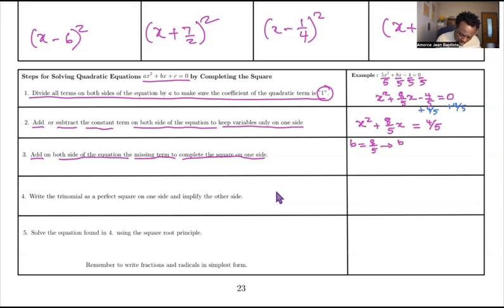b divided by 2 squared will be 8 over 5 divided by 2, which is 8 over 5 over 2 over 1.